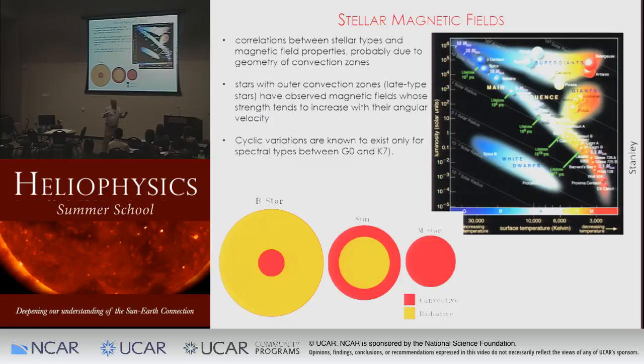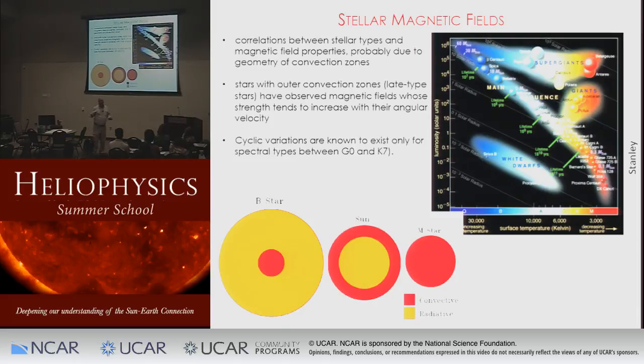Okay? Not a good way to generate a magnetic field. Might be generating a magnetic field in the core, but really by the time you get to the surface, there isn't much magnetic field. So these stars here aren't going to have magnetic fields. They'll be bright, but they won't have this dynamo. These cooler stars, this is what I was alluding to before, have so much convection that it can actually, by the time you get to the very coolest stars, be the entire star.